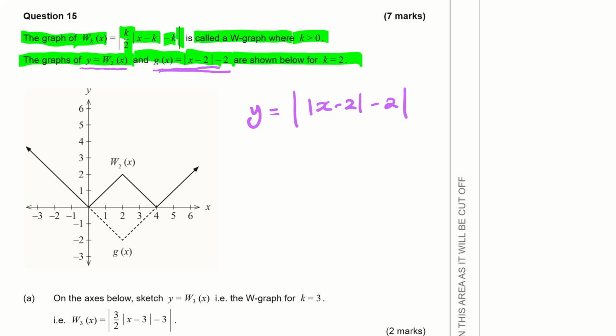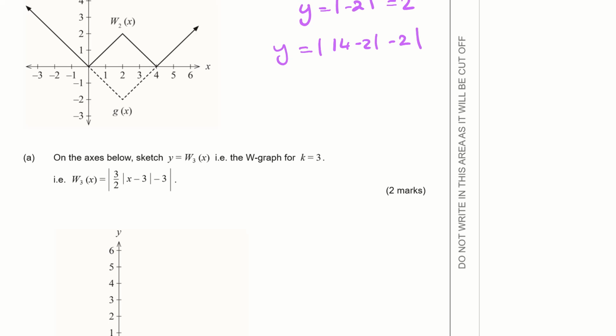So when x equals 2, we just get mod negative 2, which is equal to 2, which is how we get this point here. When we have x equal to 0, it would be modulus of negative 2 take away 2, so that's 0. And when we have 4, it would be mod 4 minus 2, which is 2, take away 2, which is 0, which is how we get these two intercepts.